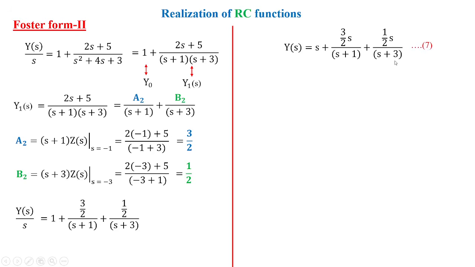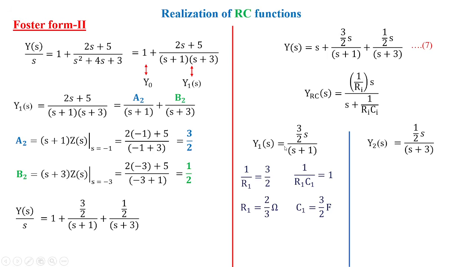Now we are going to take this Y(s) in equation 7 form, and again apply the RC admittance form, which is given by the formula (1/Ri)/(s + 1/(Ri Ci)), this whole function multiplied with s. Now Y1(s) can be obtained as (3/2)s divided by (s+1), with the value of R1 as 2/3 ohms, C1 as 3/2 farad, whereas R2 is obtained to be 2 ohms and C2 is 1/6 farad.